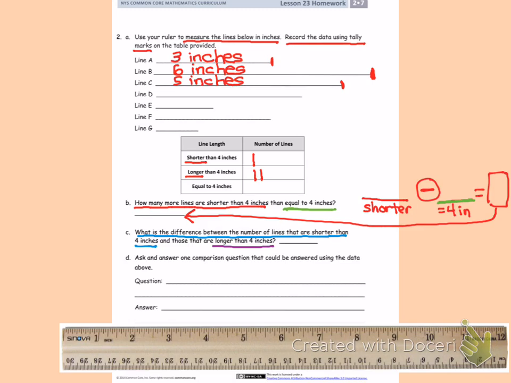Again, we will make an equation. The number of shorter lines will go on that line. And the number that are longer will go on this line.